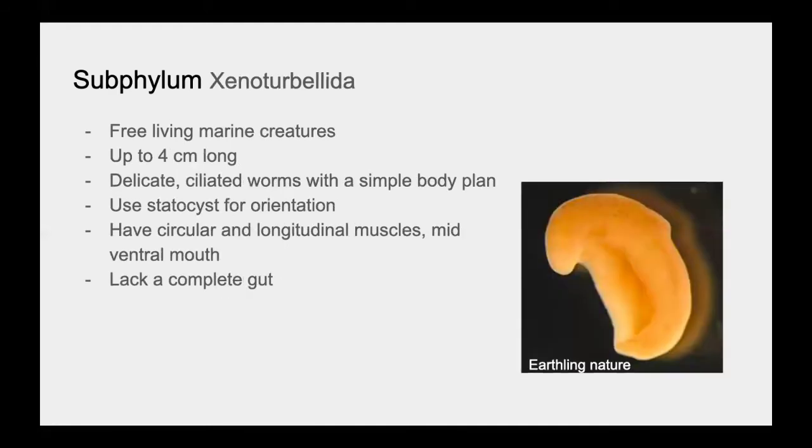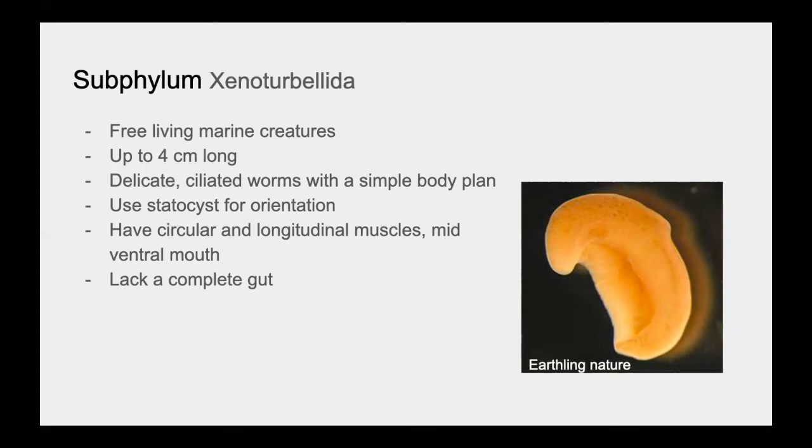So my name is Jocelyn. I'm going to go ahead and take over the next subphylum, and I'm going to go over as well the 2 classes for this phylum. So the subphylum Xenacoelomorpha is a free-living marine creature that is up to 4 centimeters long. These are delicate ciliated worms with a simple body plan. They use statocysts for orientation, and one of the special characteristics for this subphylum is that they are recognizable for the body furrows, horizontal furrows, and ring furrows.